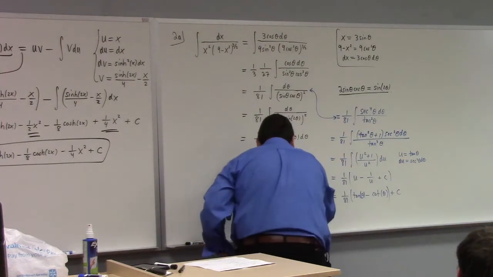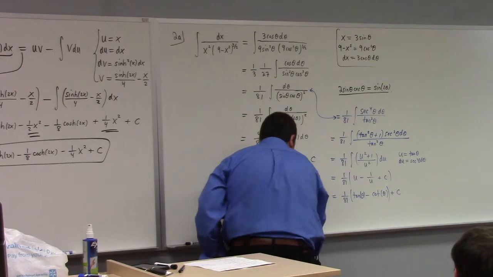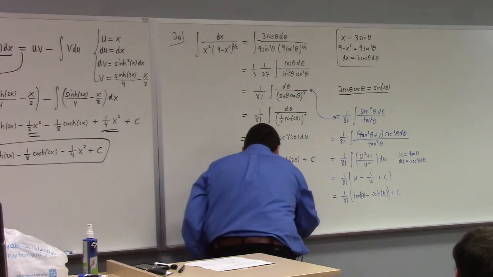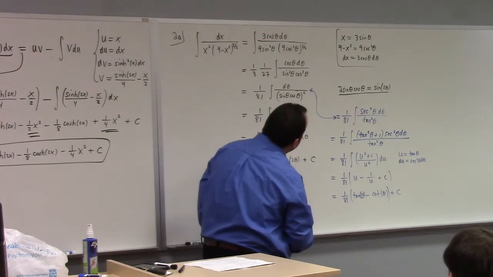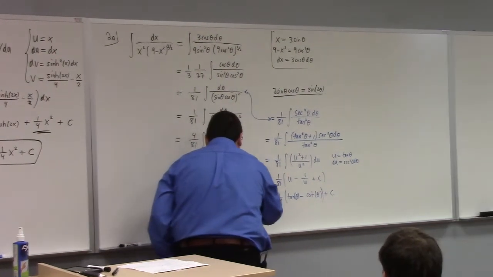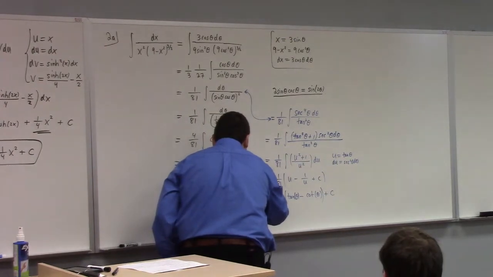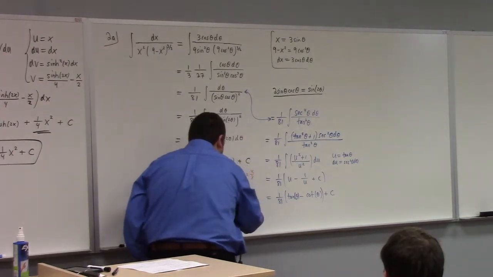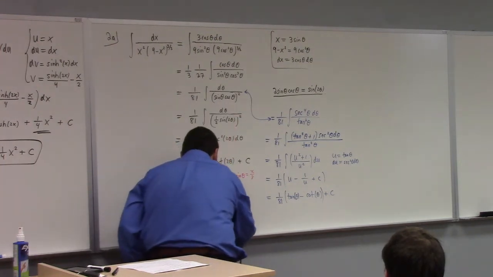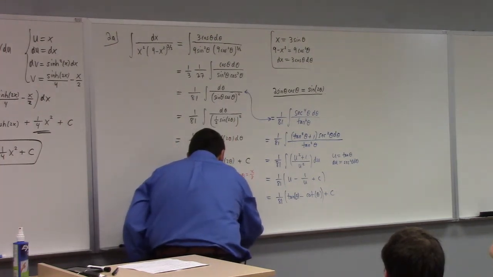I'll put the triangle down here. x over 3 equals sine theta, right? So we can look at the opposite side being x, the hypotenuse being 3. The thing we got rid of is the other one, 9 minus x squared.